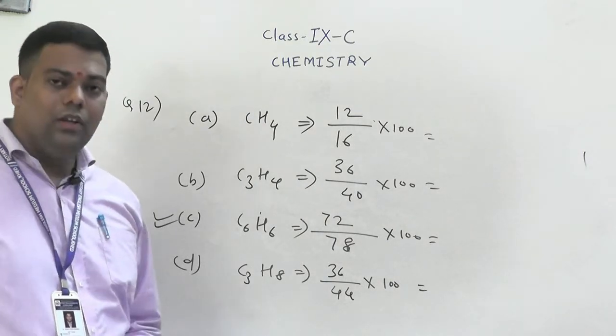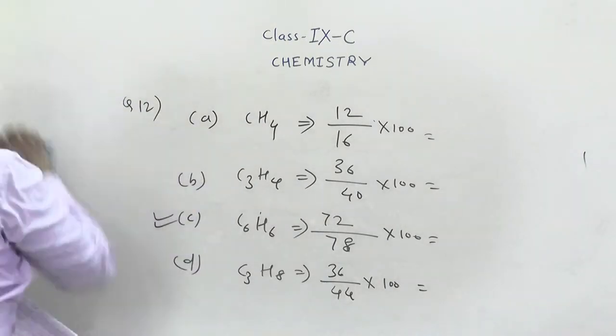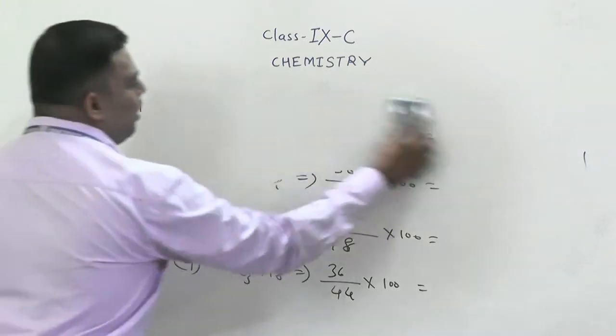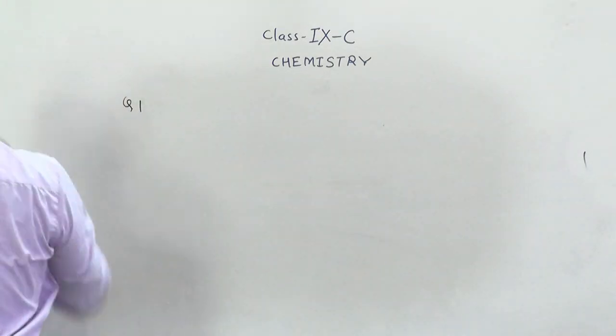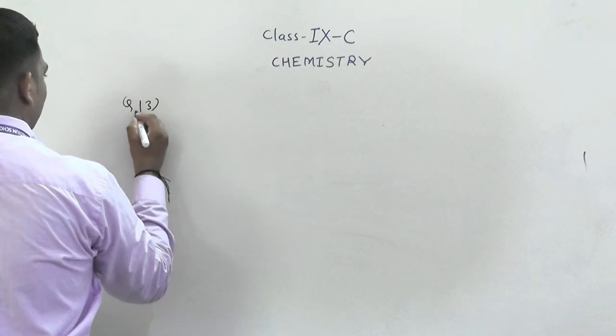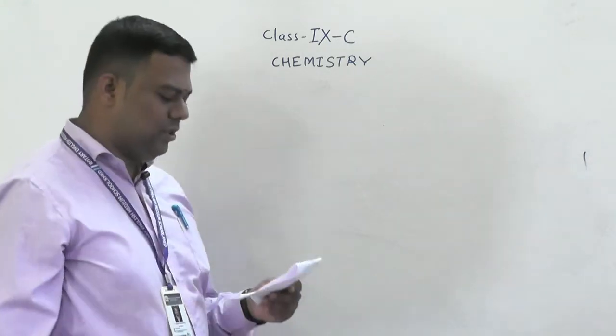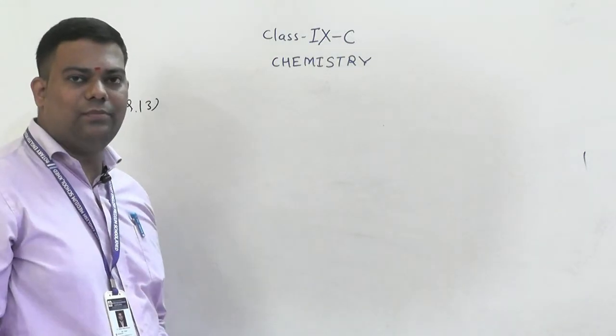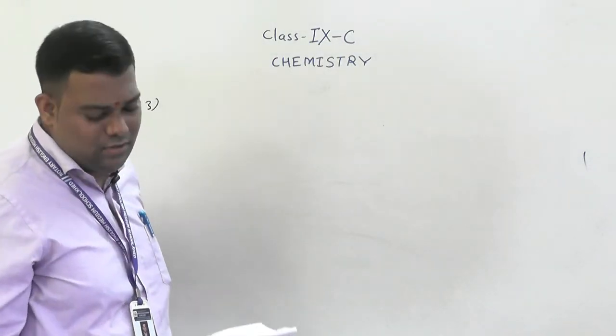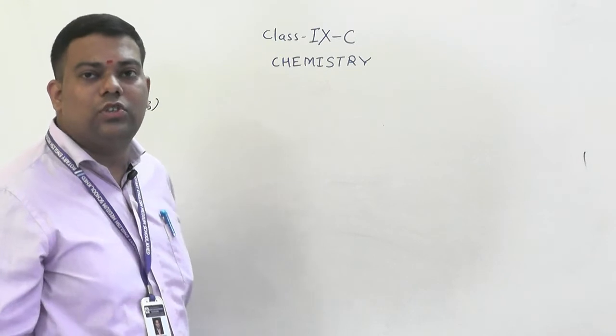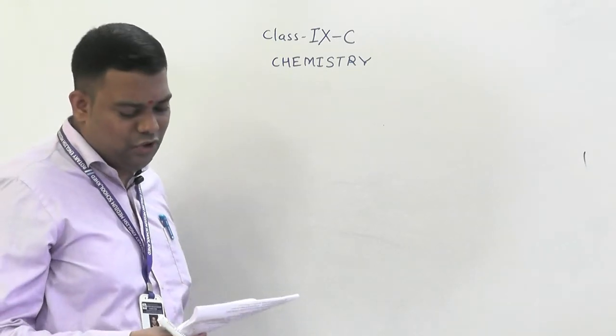Okay. Now see question number 13. In question number 13, which of the following has the largest number of atoms? They gave in brackets copper, with atomic mass 63.5 unified mass.